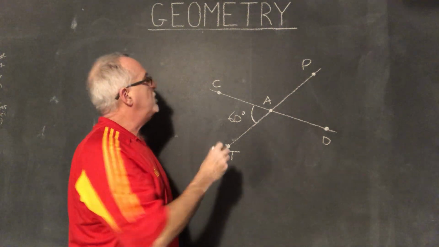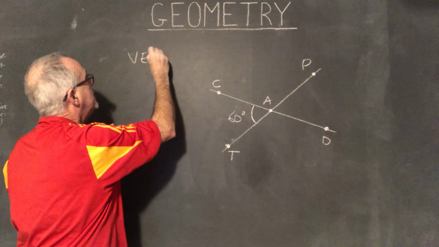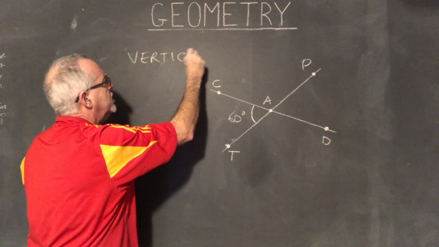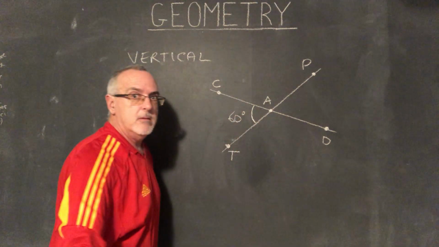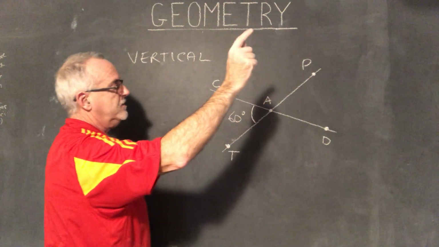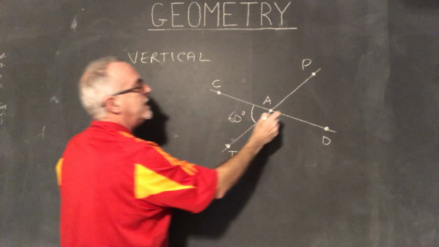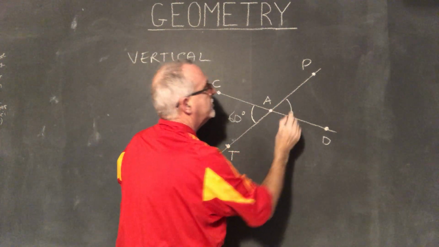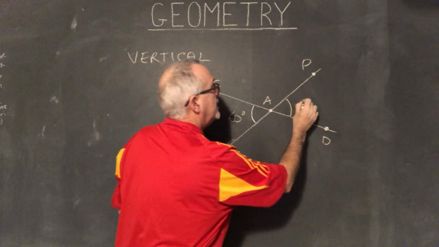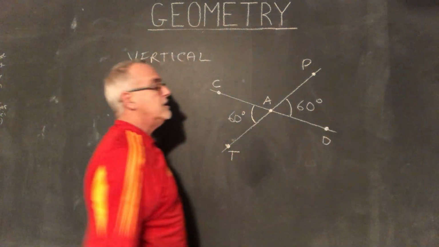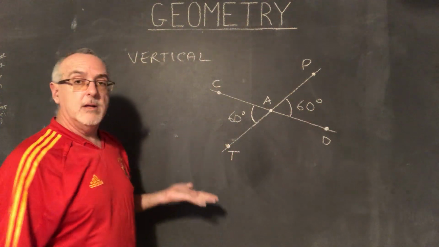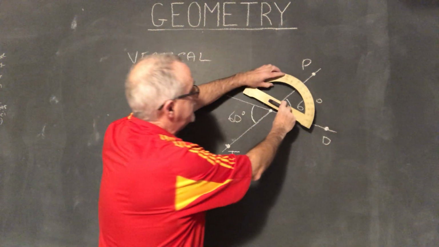So because I know what vertical angles are, which can only be made if both lines are straight, they intersect. So I make an angle over here, and its opposite angle, vertically opposite if you will, also has to be 60 degrees. I know that because I know what a vertical angle is. But I can also measure it.